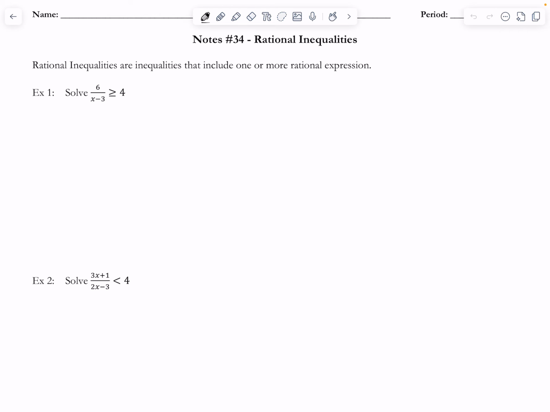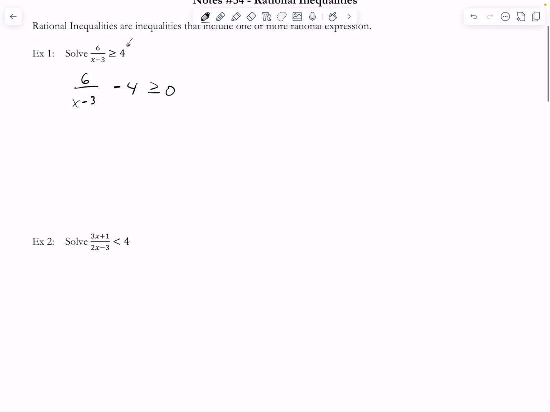So this first one here, example one, the first thing I do with these is make sure that you have 0 on one side of the inequality. You'll notice I have 4 here, so I'm going to move that 4 to the other side with subtraction. Because this is really 4 over 1, I'm going to get a common denominator.